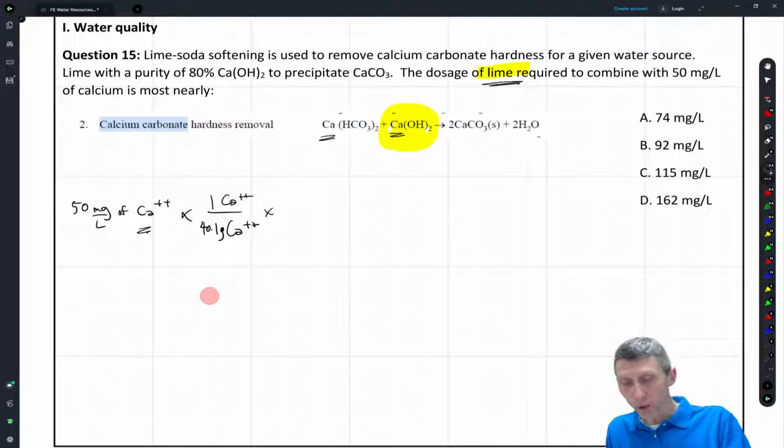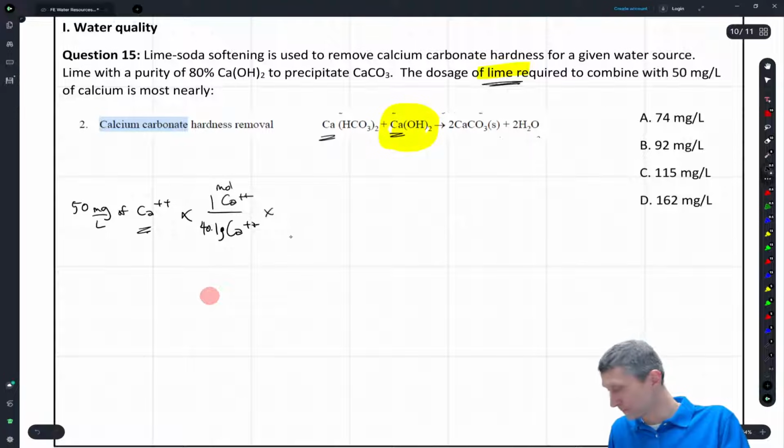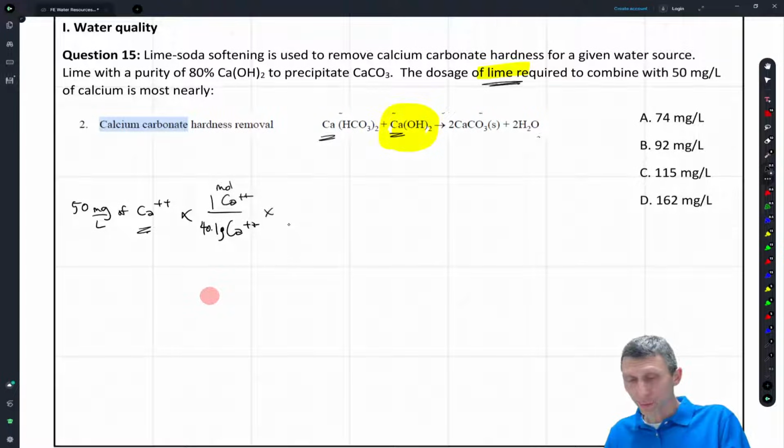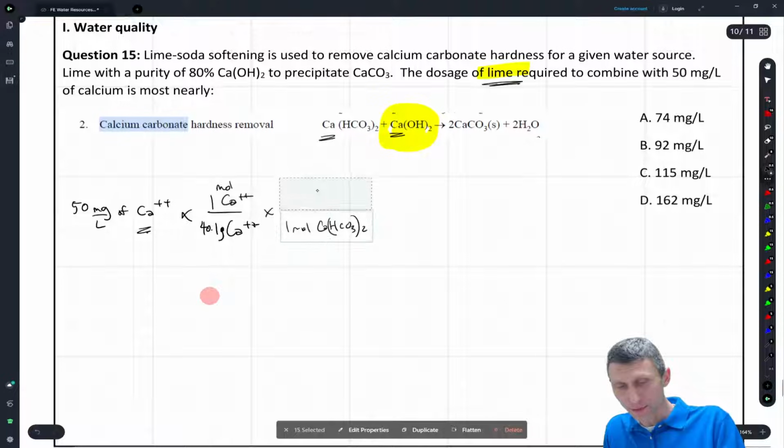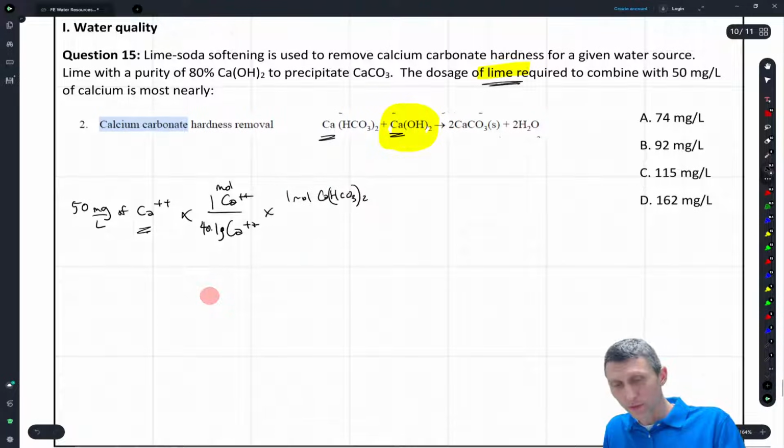So for every 1 mole of calcium, we're going to have 1 mole of calcium hydrocarbonate, Ca(HCO3)2. Actually, let me put that on the top. For every 1 mole that we start with, we really have 1 mole of this hydrocarbonate for every 1 mole of our calcium.